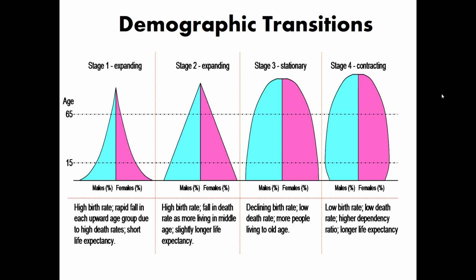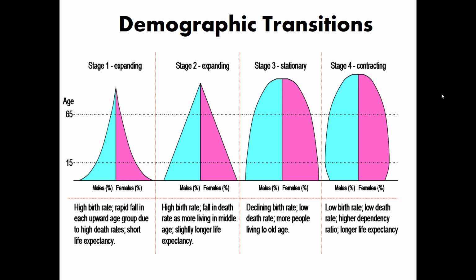So in stage 3, as countries begin to develop more and more, in these more developed countries you see a lower birth rate. People are living longer. You no longer need to have as many children. Also, there's the advent of family planning resources and distribution of these resources.